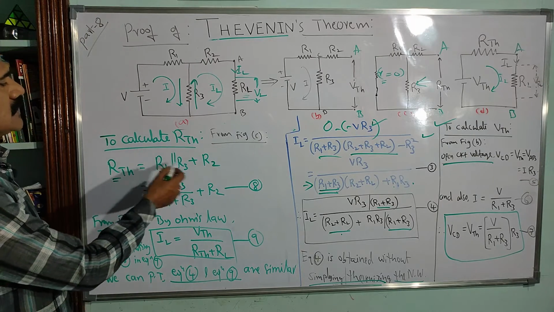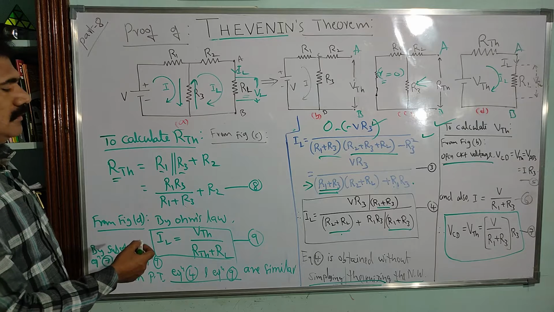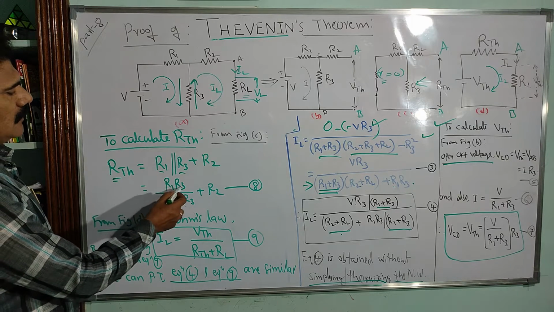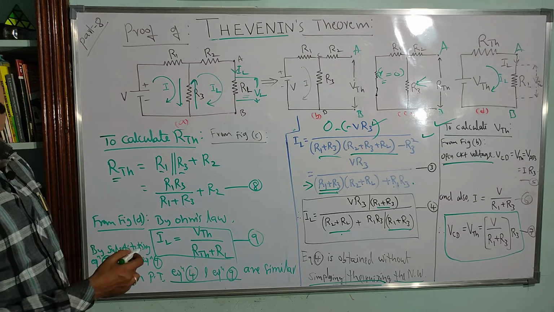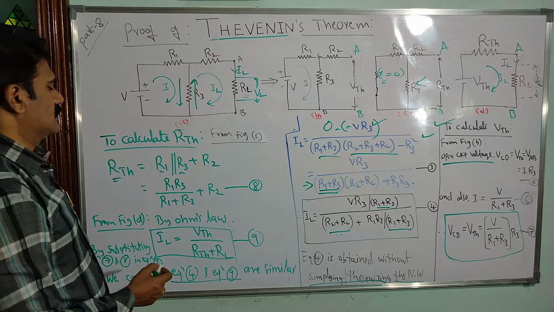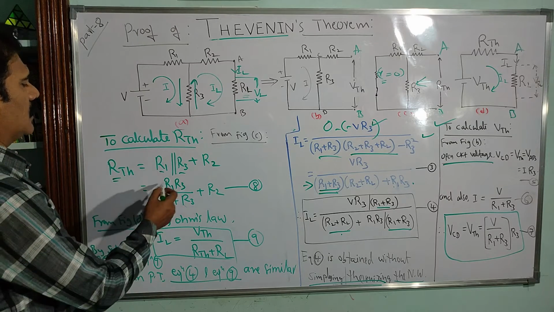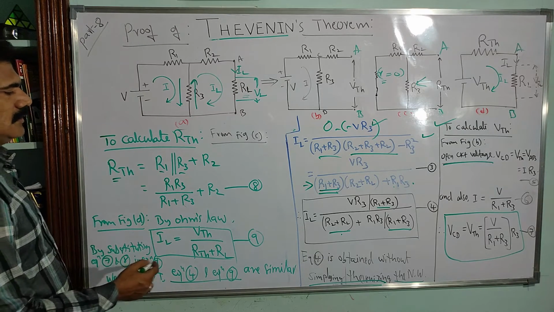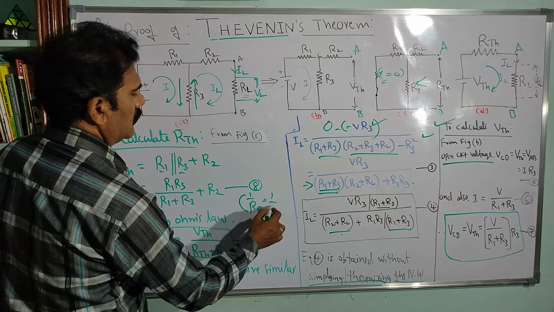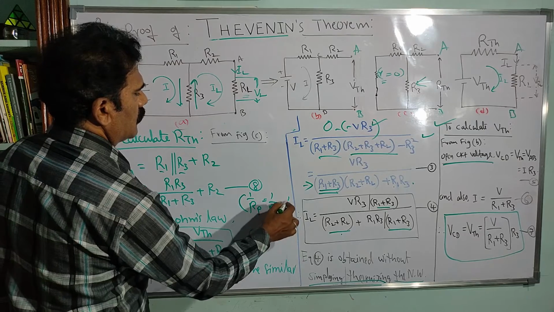For parallel resistors, we have the formula: if two resistors are parallel, the equivalent is R1 R3 divided by R1 plus R3, plus R2, which is in series. In the case of parallel, 1 by Rp is equal to 1 by R1 plus 1 by R3.